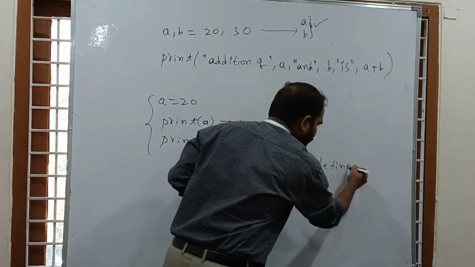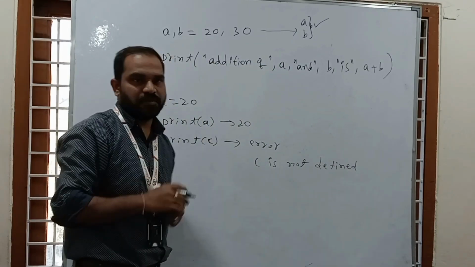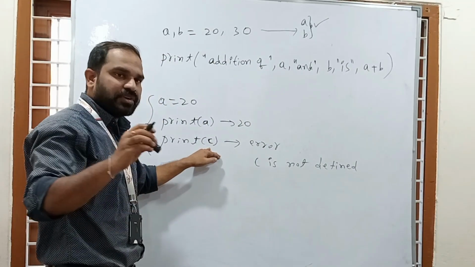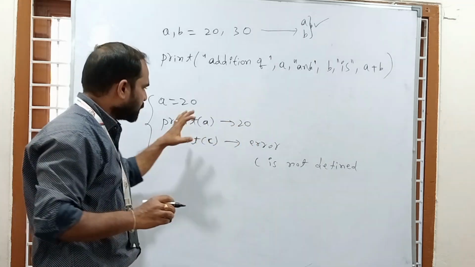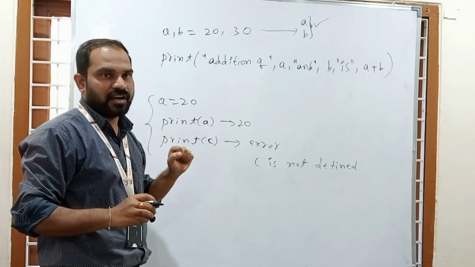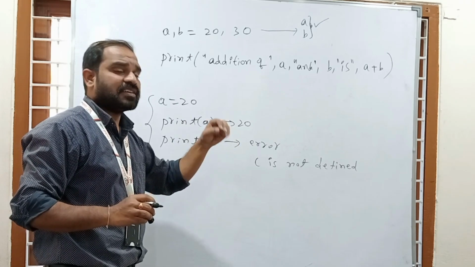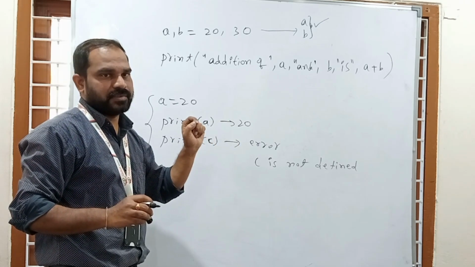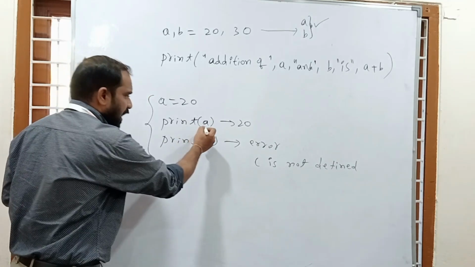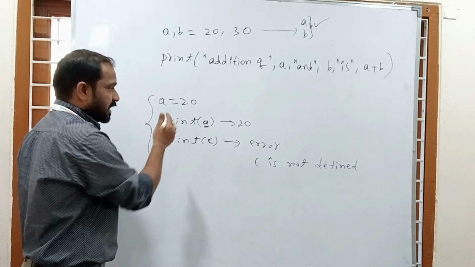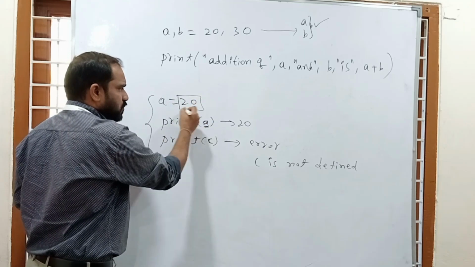C is not defined. Defined means which data is stored in that particular variable, which data is of a type that the interpreter can understand. Now the interpreter can understand this A because in A, integer data is stored.